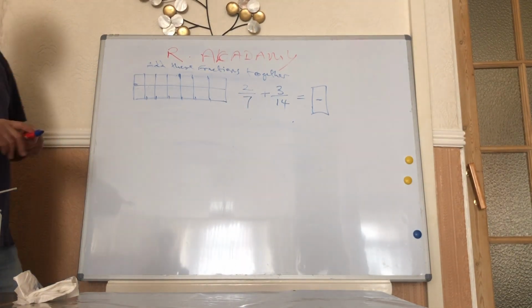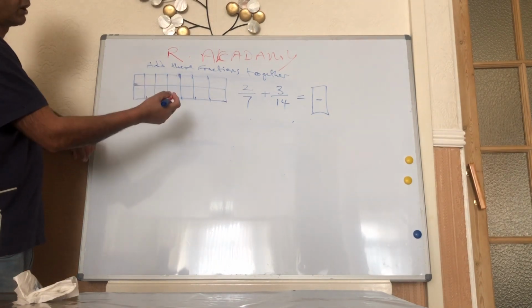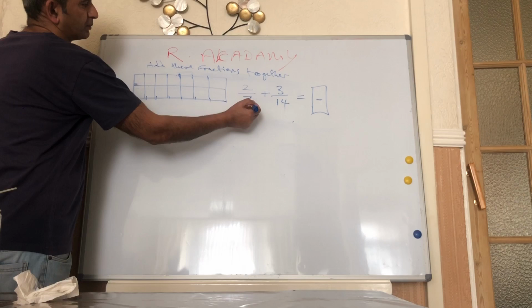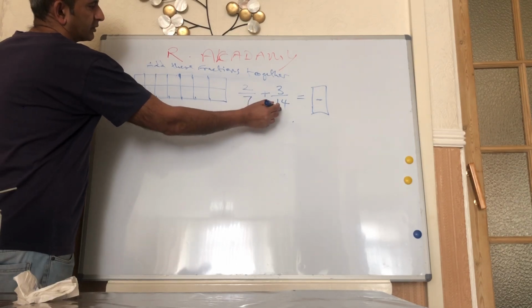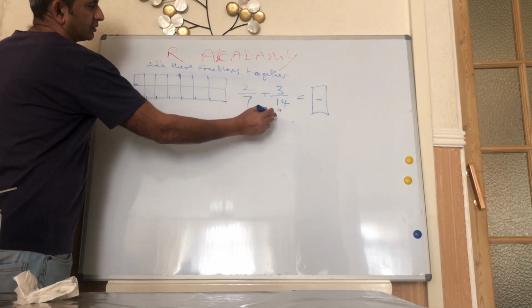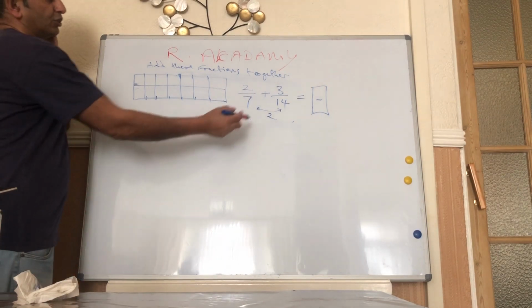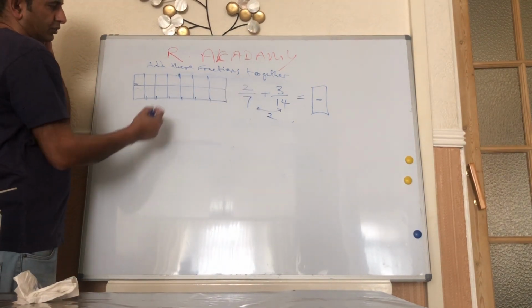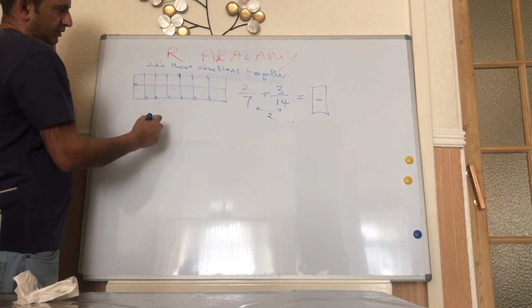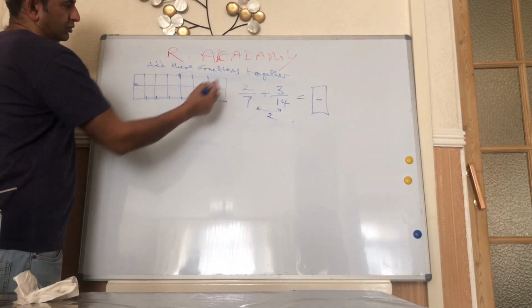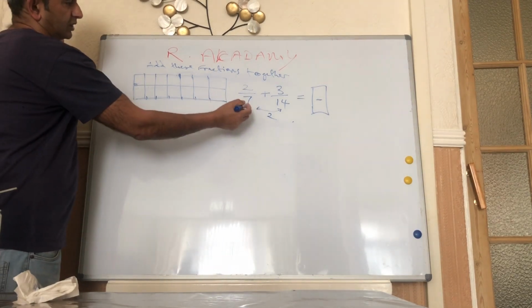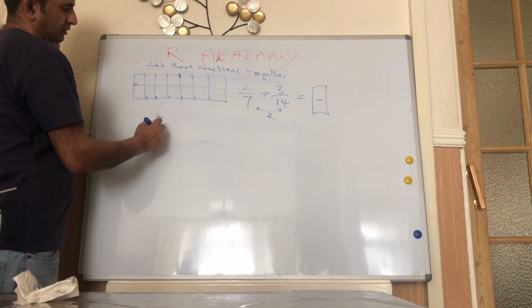So if we make this one up and rewrite it so that we can divide 14 by 7 is 2, yes? And then we use that 2 to multiply that 2 to make it 4. So then we have to rewrite it. 2 times 2 is 4. 2 times 7 is 14.